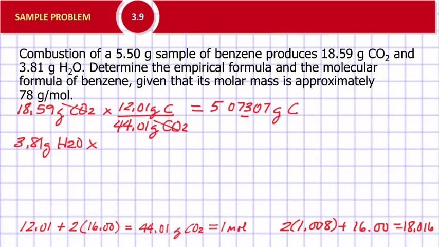And so from our little calculation of the molar mass, we can come up with a conversion factor like this. This is the mass of the hydrogen, and that's the mass of the water. So there's the mass of hydrogen in 18.016 grams of water.